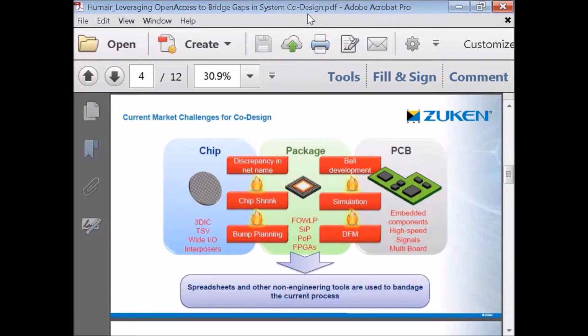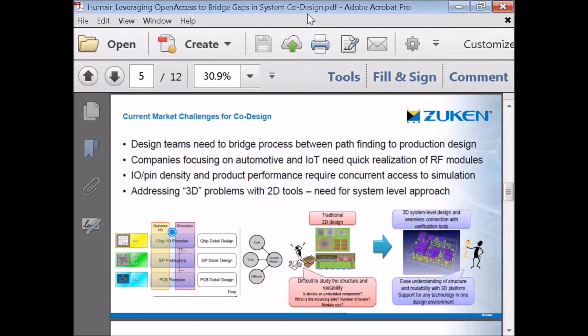So if we go to the next slide. And the other issue we're seeing is that during the design process itself, when we're talking about going from pathfinding or feasibility studies to production design, there's just a lot of gaps in that process to begin with. Also, we're seeing a rise in a lot of complex RF module designs, specifically for the IoT and automotive market.